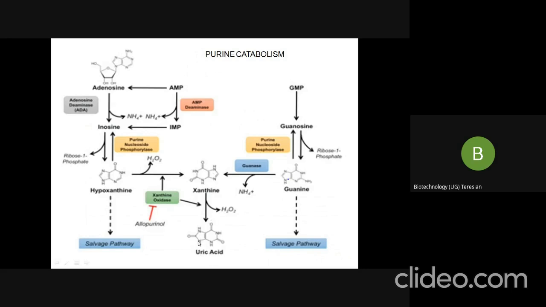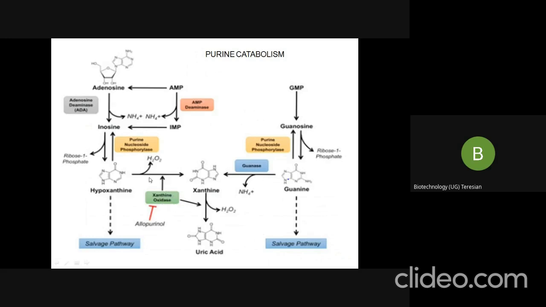This uric acid has to be removed from your body into the blood, and then finally it has to be excreted in the kidney, because an accumulation of uric acid can result in a disease known as gout, GOUT. And for the conversion of hypoxanthine to xanthine, and xanthine to uric acid, we have an enzyme known as xanthine oxidase.